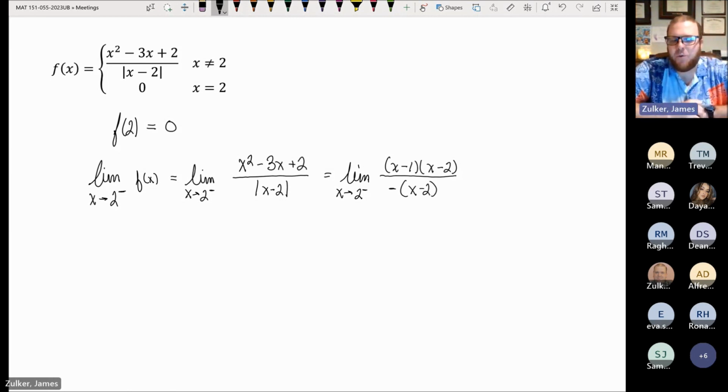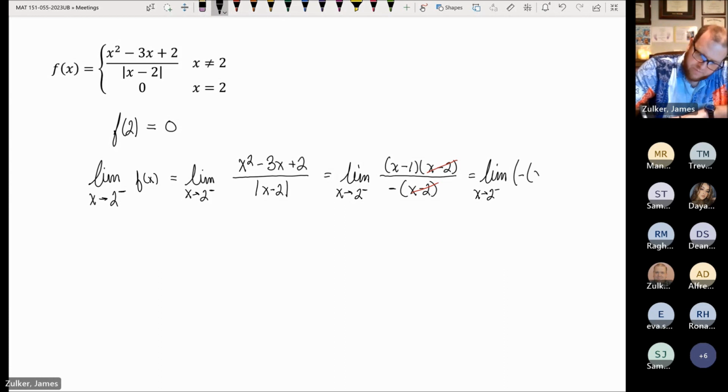So we're going to get negative quantity of x minus 2. Right? Leaves us with this limit. Isn't that limit -1?